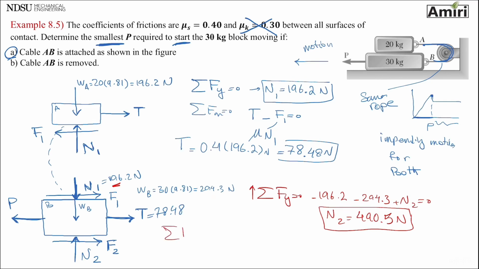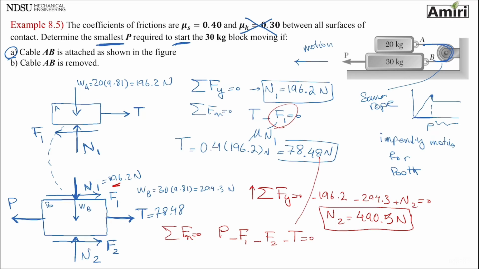And the last equation that I'm going to use is summation of forces in X being 0. I have P minus F1, which I already know, minus F2 minus T equals 0. T, I already have it. F1 is mu N1.